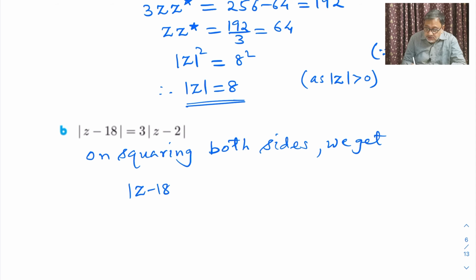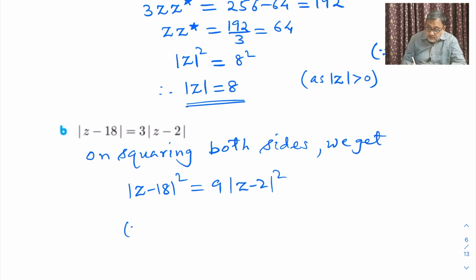modulus of z minus 18 bracket square, 3 square 9, then modulus of z minus 2 square. Now again I want to use the same property. Look here, this property I want to use again.